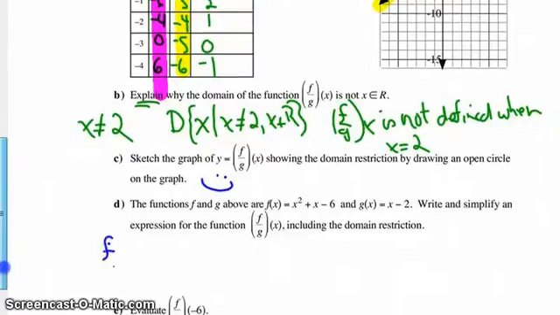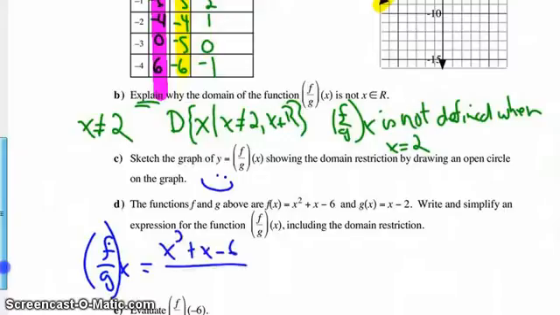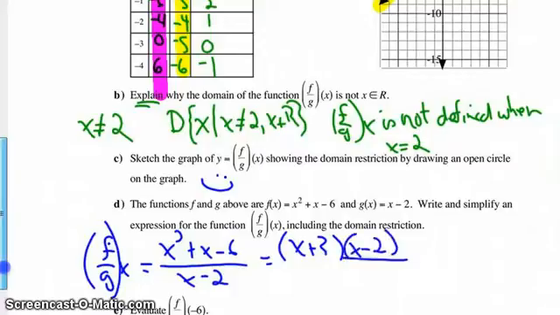So if we have f over g at x, we have x squared plus x minus 6 all over x minus 2, which becomes x plus 3 times x minus 2 all over x minus 2. And these two factors here are the reason for the hole, because if you plug in 2, you get 0 over 0, which is undefined.